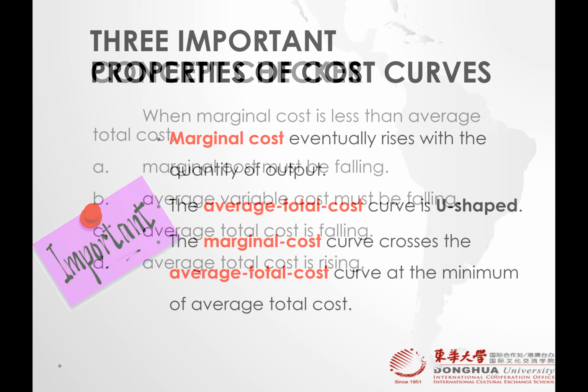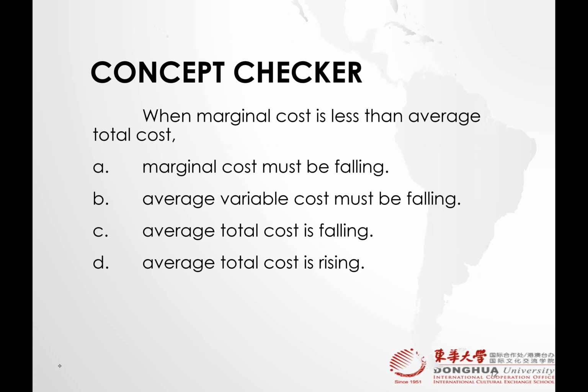So now it's your time for the concept checker. Tell me the answer. When marginal cost is less than average total cost, or average total cost is greater than marginal cost, what is happening over there?